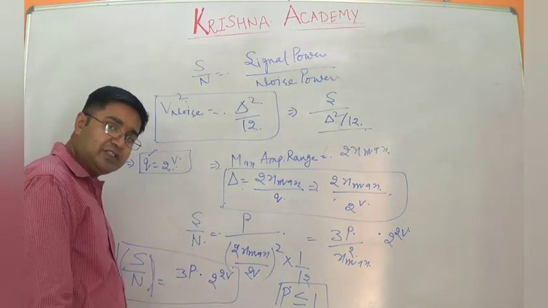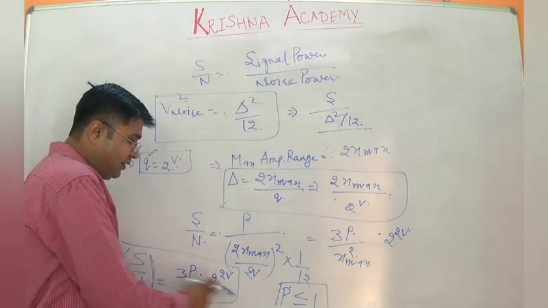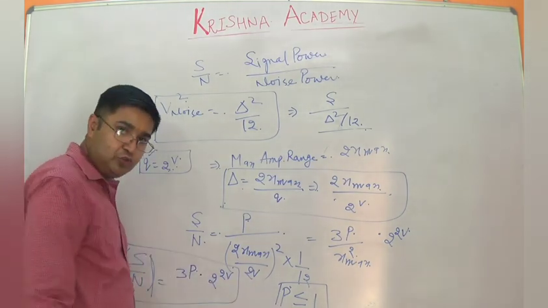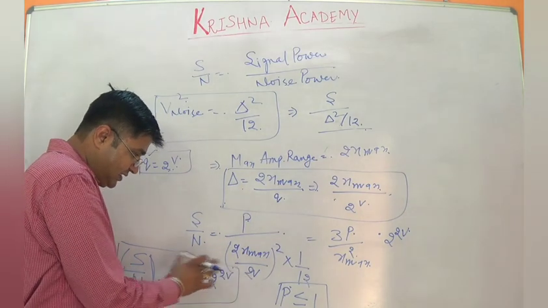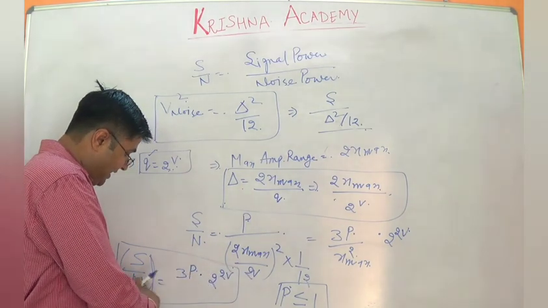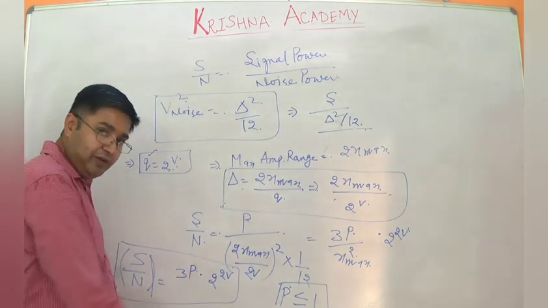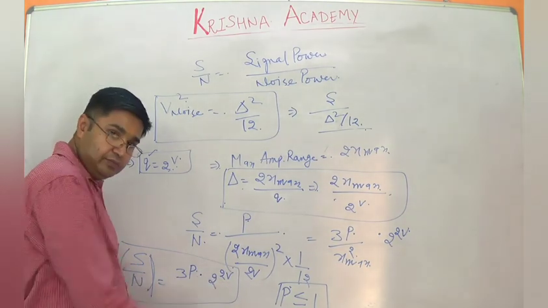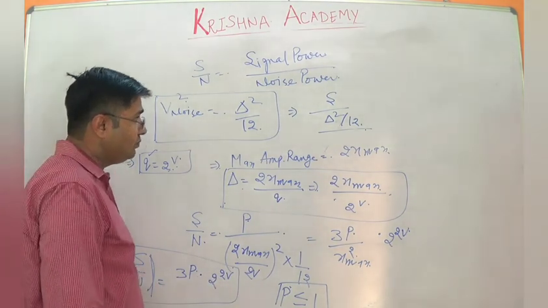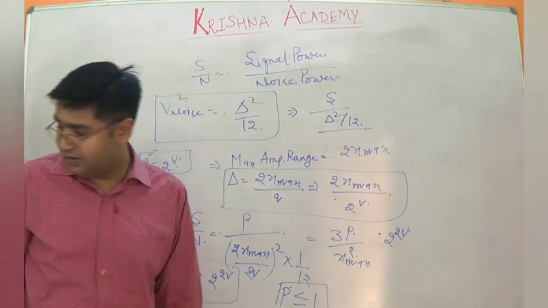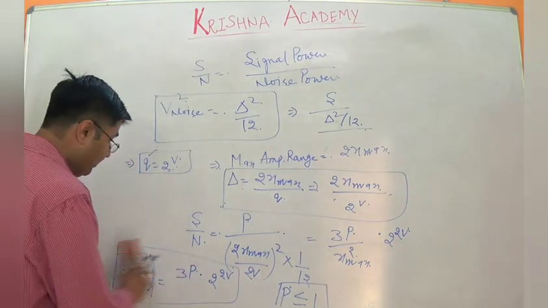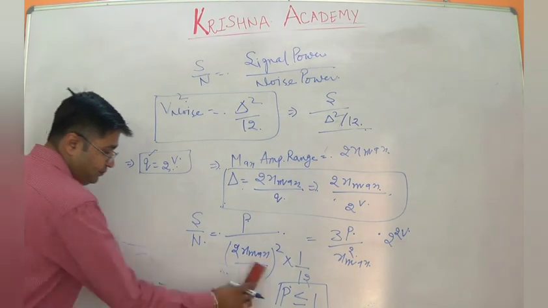Now it is a normalized function, so P will be less than or equal to 1. Just suppose it is 1, so Sn will be 3 into 2 to the power 2V. That is the value.